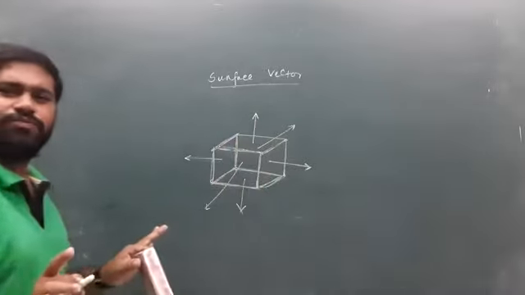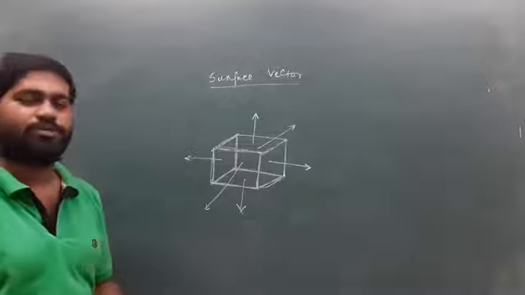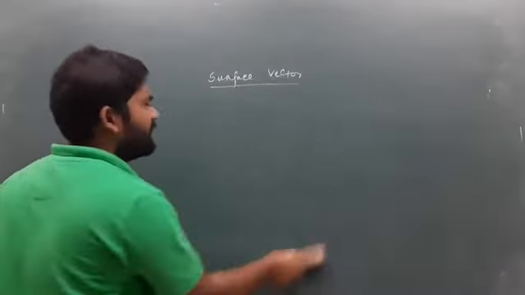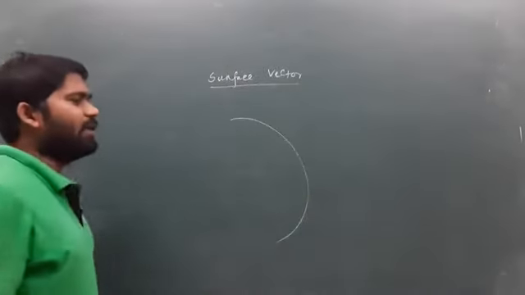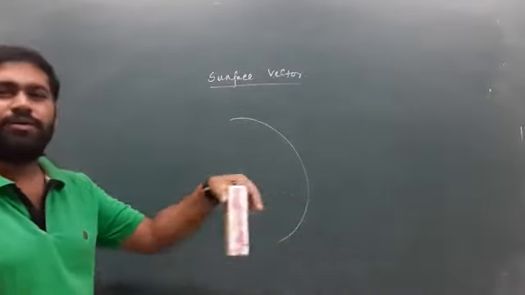So it is easy to find and represent the surface vector for a cubical region. But if I consider determining the surface vector in the case of a curved region, how can one draw the surface vector on a curved region?